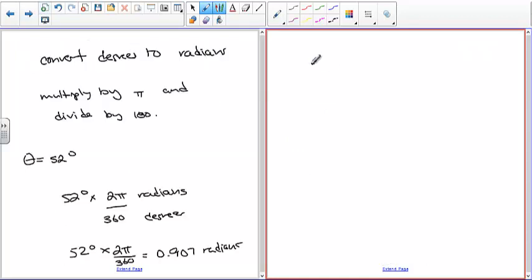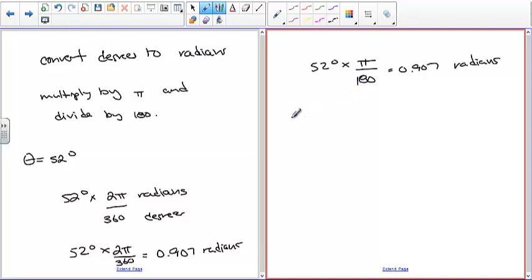Or I could take 52 degrees times pi divided by 180. All I'm doing is dividing both the numerator and the denominator by 2, and you'll get exactly the same answer. So radians are always a lot smaller than degrees. Pi is about 3, so you're going to have 3 over 180.